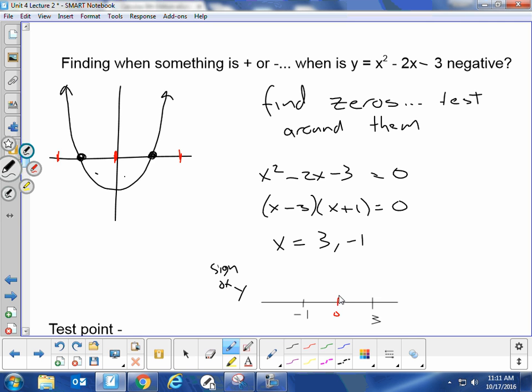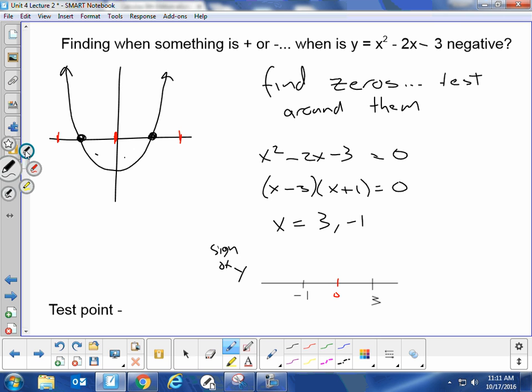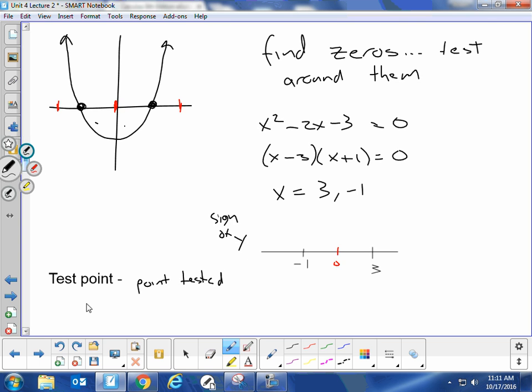Well, just by taking what this is, which is called a test point, knowing that this will produce a negative value is telling me that all of the y values between -1 and 3 will always be negative, so long as I found all the zeros.